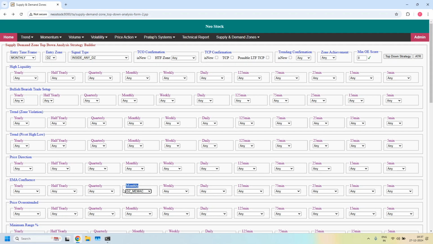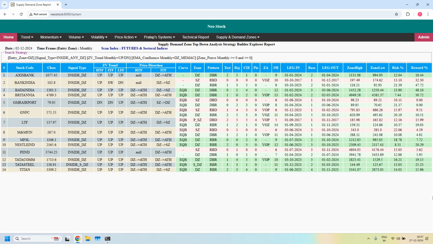But you should also understand EMA Confluence makes sense only in the trending market, uptrend or downtrend, but not in sideways. So that's why in the trend at monthly time frame, I am selecting up or down, but not sideways. Let's filter. See, now the list has come down to 14 stocks.